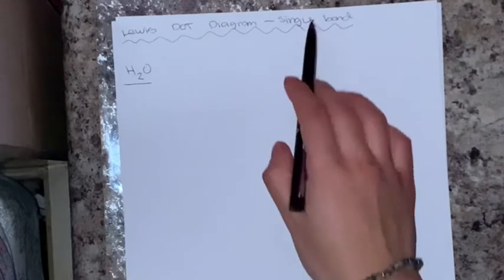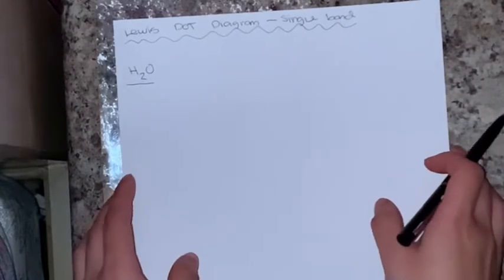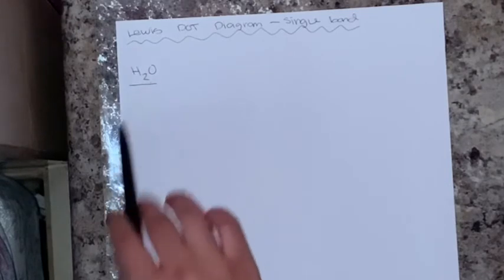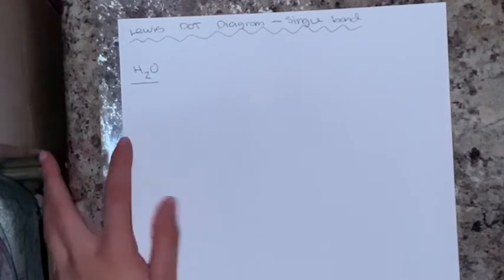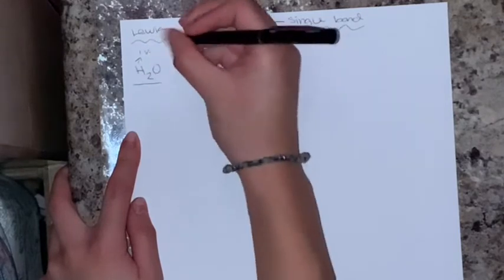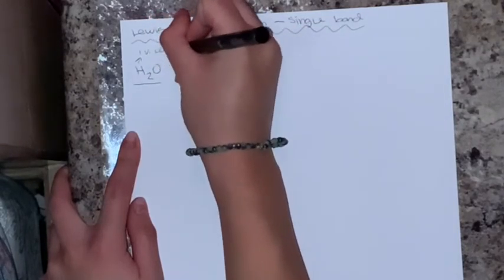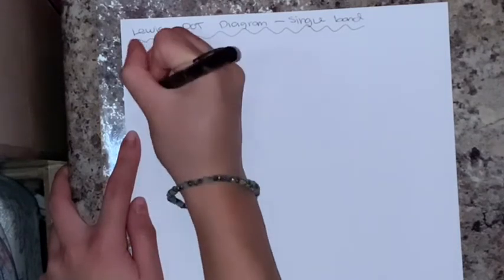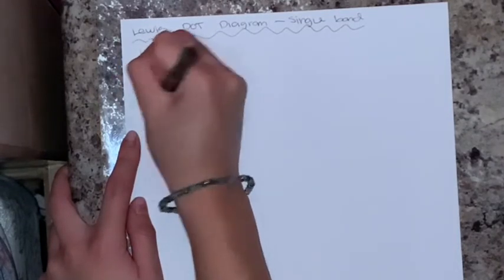So we are going to be doing a Lewis dot diagram for the chemical formula H2O, and this is for a single bond. So we have water, aka H2O, and so we know that hydrogen has one valence electron, and we have two atoms of hydrogen.